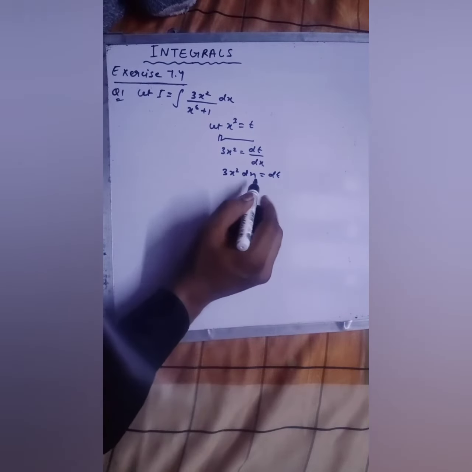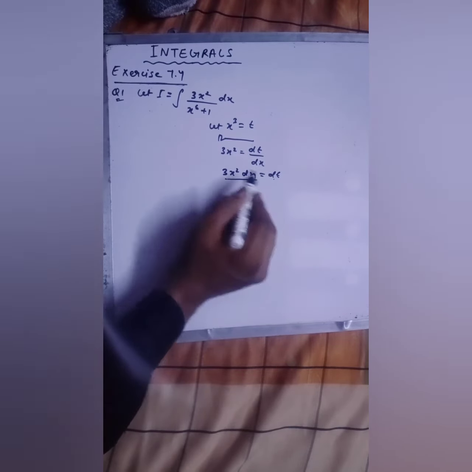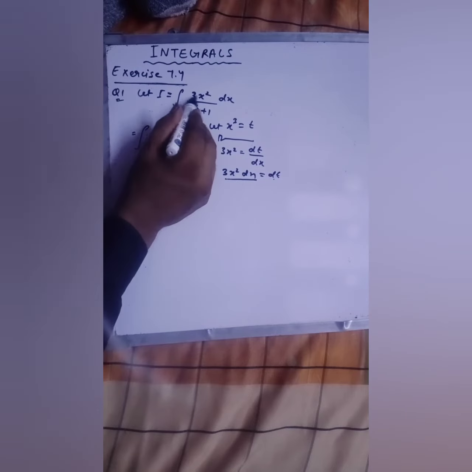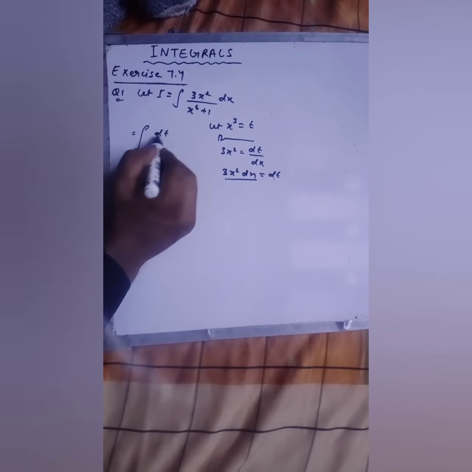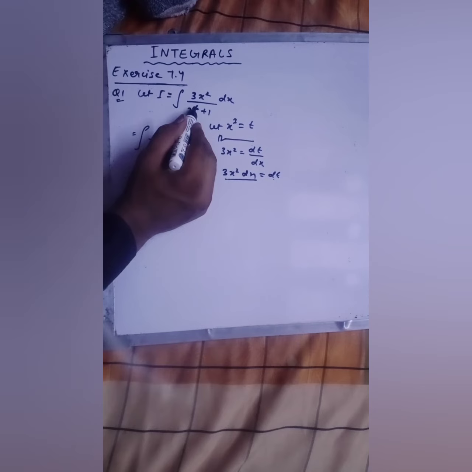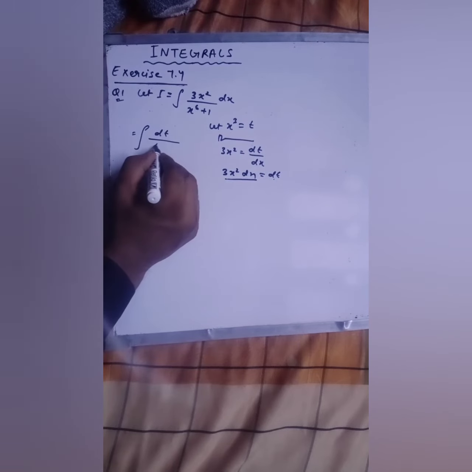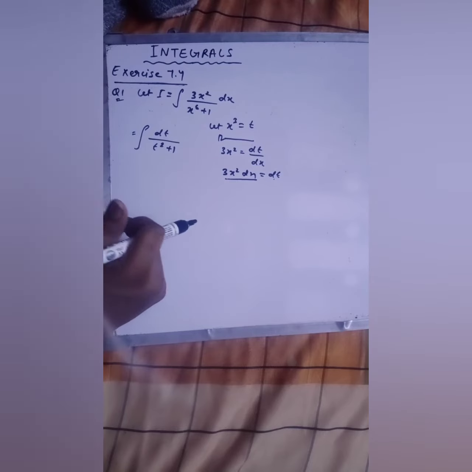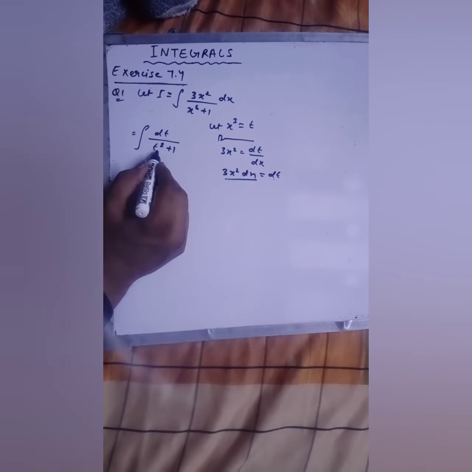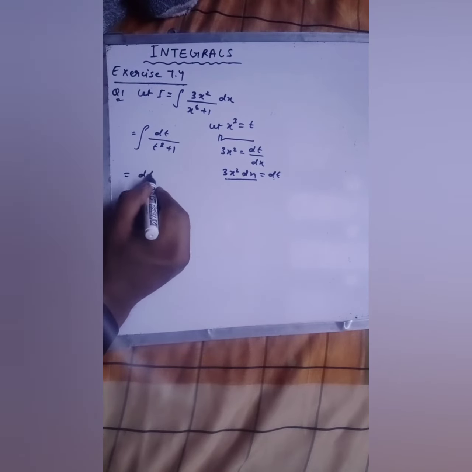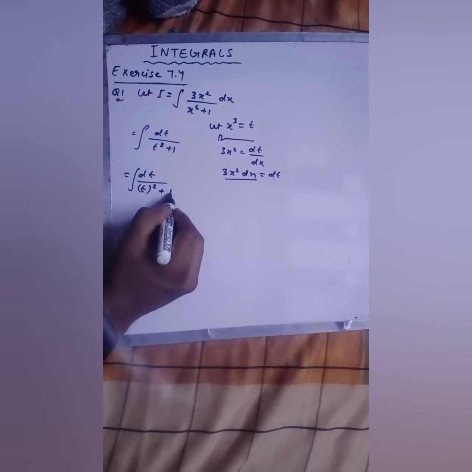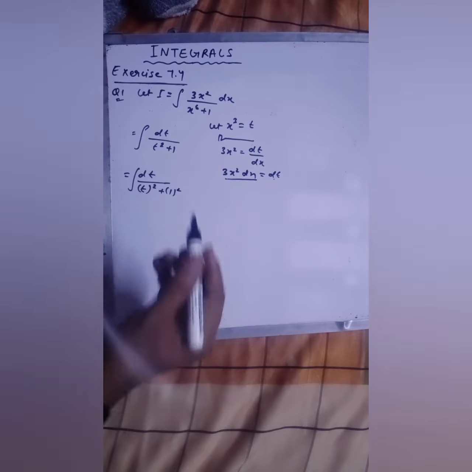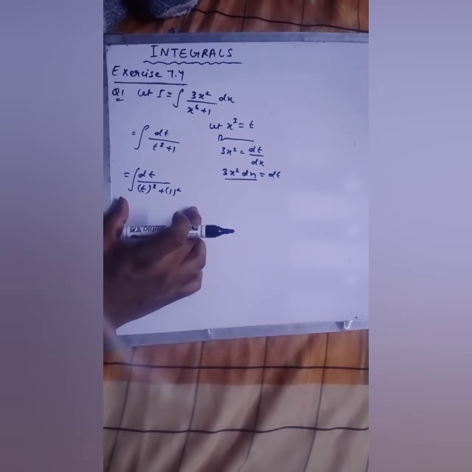So in place of this you have to use this value, 3x square dx, that would be dt. And here x to the power 6 is coming, so you can write t square plus 1 in the denominator. As you can see, this is a formula of t square plus 1 square.